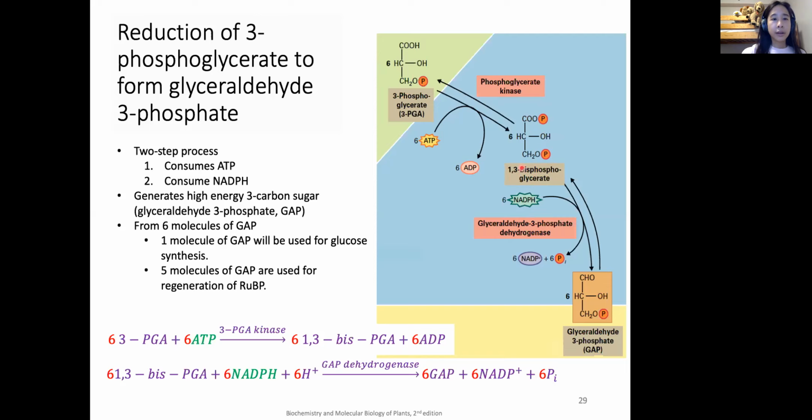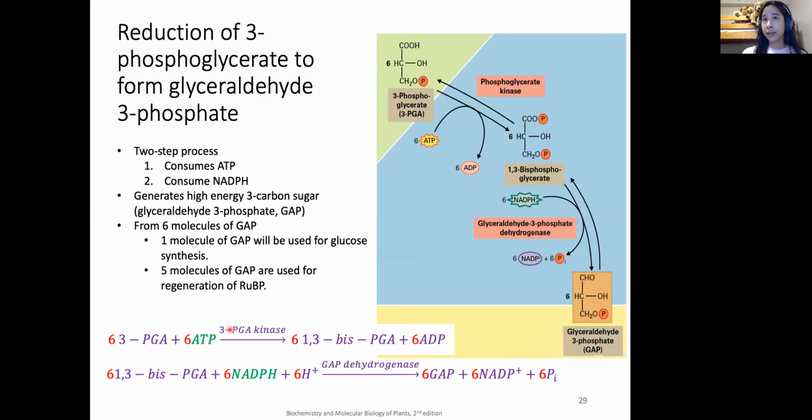So the next step is to reduce by having NADPH, and NADPH can donate 2 electrons and it will become NADP+, and these 2 electrons will kick 1 molecule of phosphate out, and you will get a more reduced product, 3-phosphoglycerate.